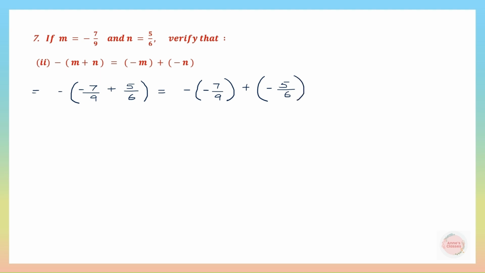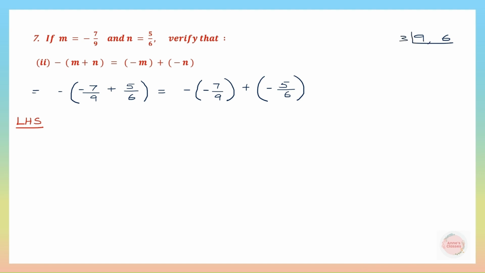So first we're going to work out what is on the left hand side. We're going to work this out and get an answer first. So left hand side, LS just means left hand side. Here now we have minus 7 by 9 plus 5 by 6. To work this out, we have to find the LCM of 9 and 6.